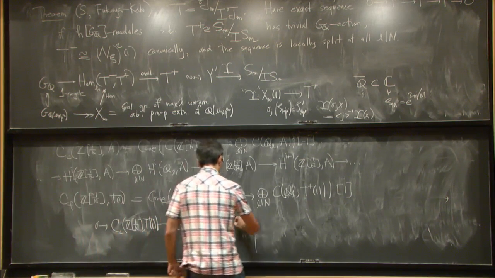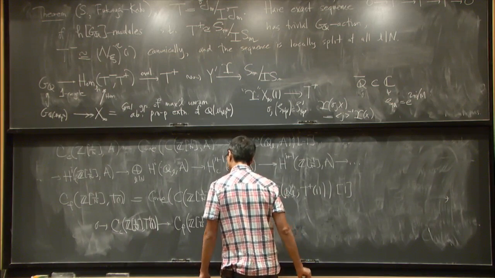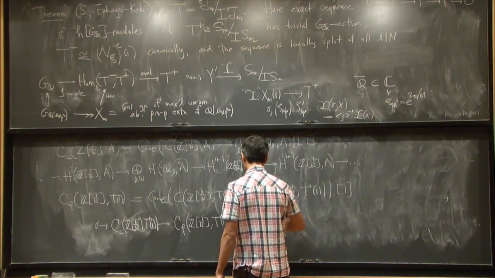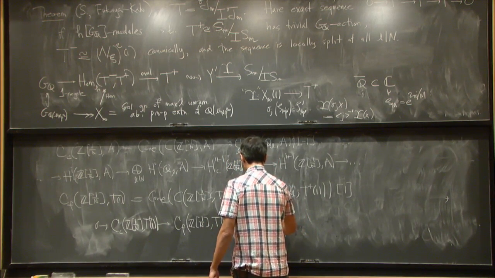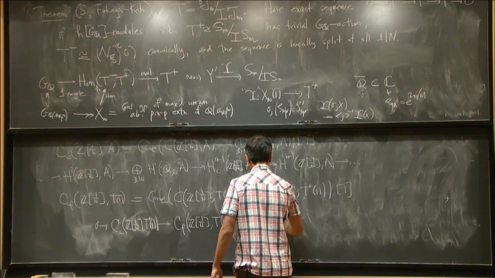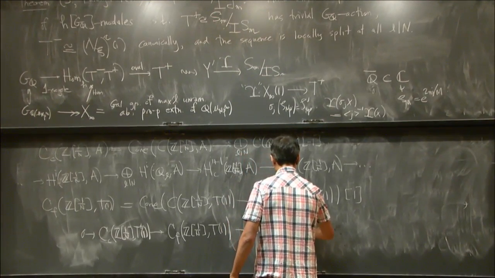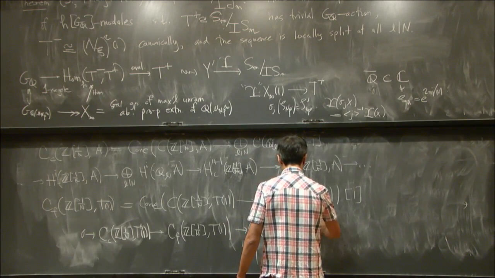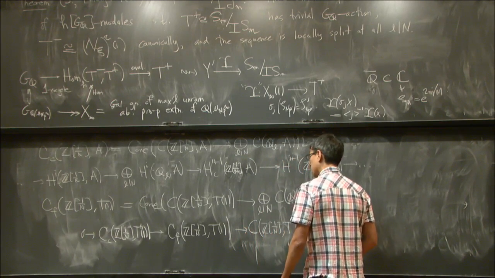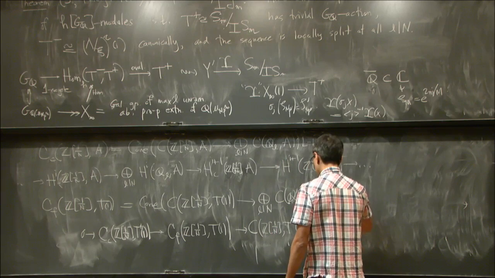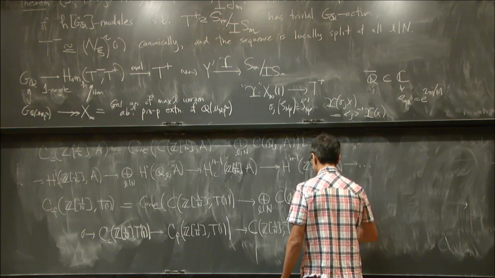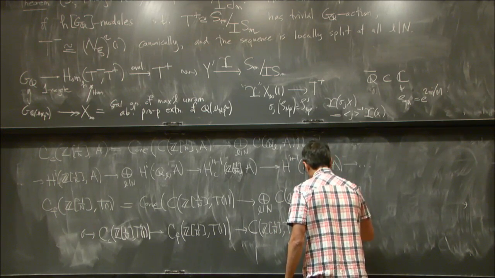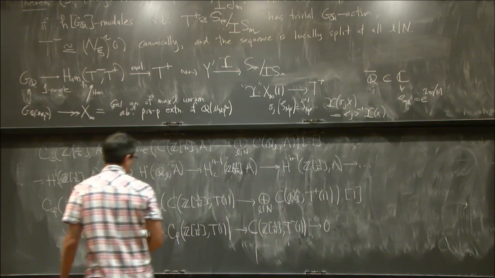And then here I have the usual cohomology of T minus, because I didn't somehow change that, shifted by 1, I guess. Or is it just this? I guess it's just this. I have an exact sequence like this.